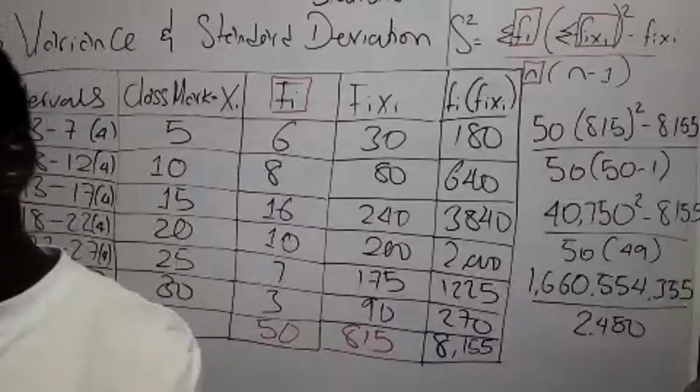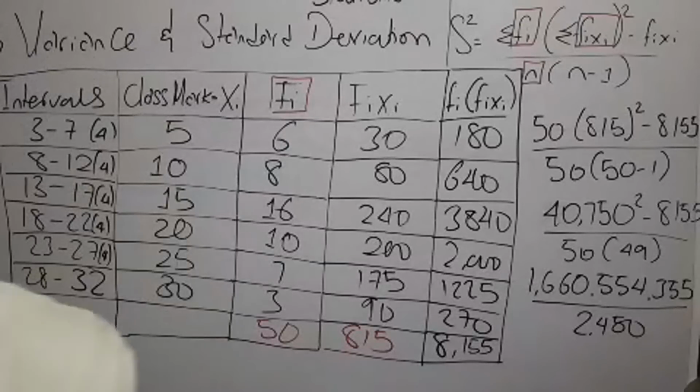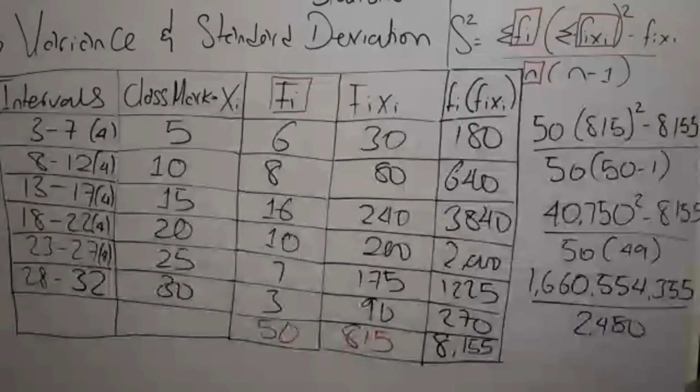This is almost a billion, if I'm not mistaken, because we're having about how many digits here? About 10 digits. So let's just have it divided. I think I need to erase this so I can start all over again.